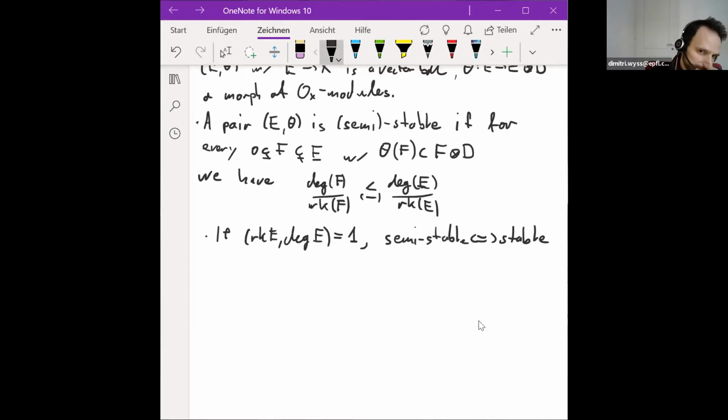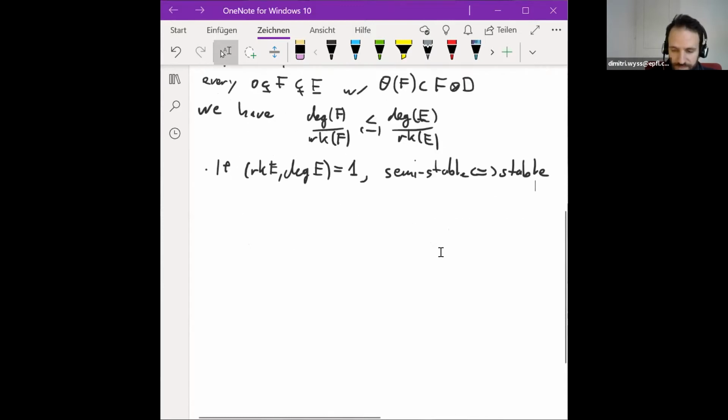Simply because if these things are co-prime, you cannot have something of smaller degree having exactly the same ratio, which is sometimes called the slope. So this condition, rank and degree co-prime, is a recurrent condition that we will encounter many times.